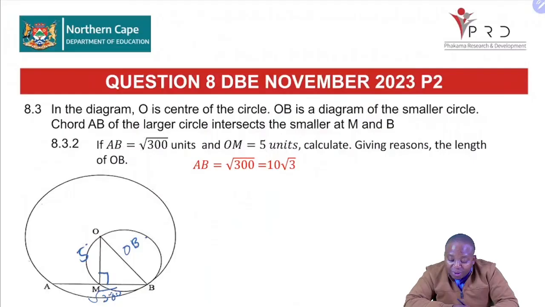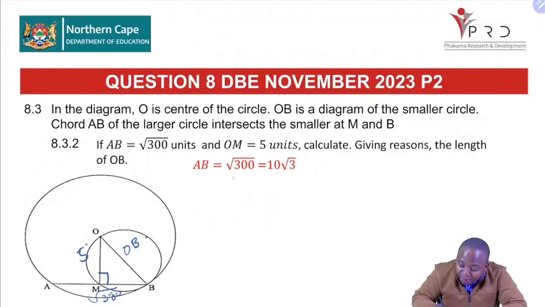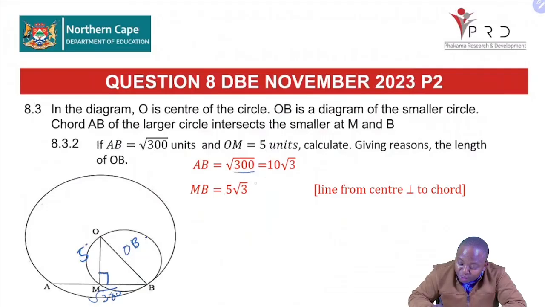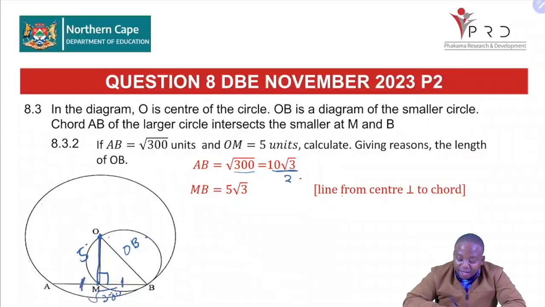Remember, our AB is root 300 and our MB is equal to half of this, so it's divided by 2. Why? The line was drawn from the center perpendicular to the chord. That means these two sides are equal. So 10 root 3 divided by 2 gives us MB. So our MB is 5 root 3.